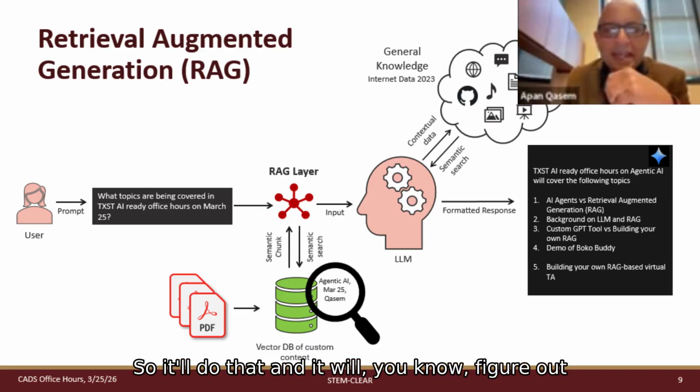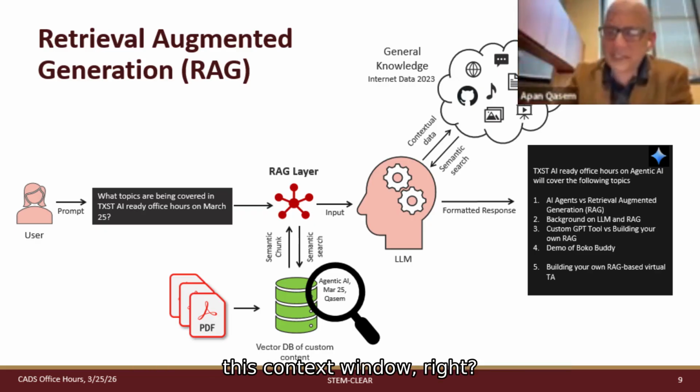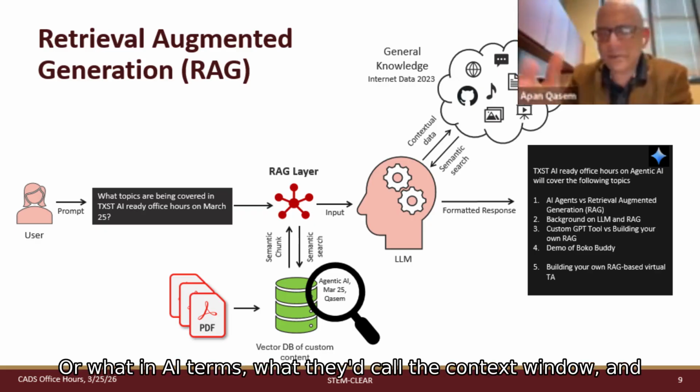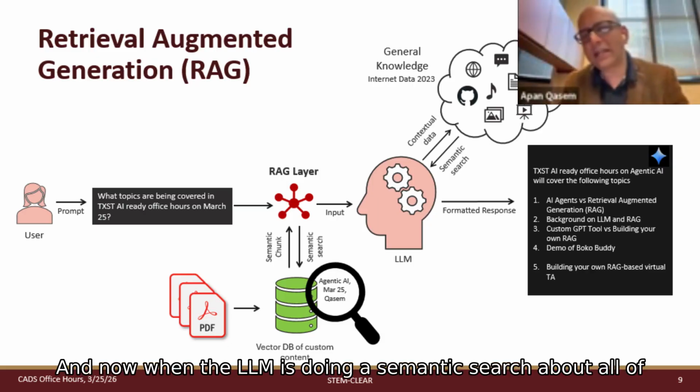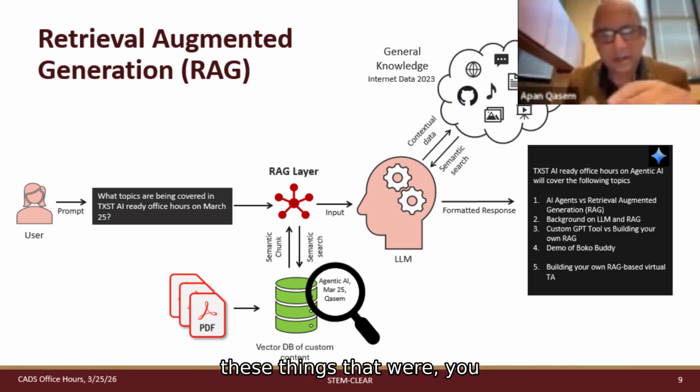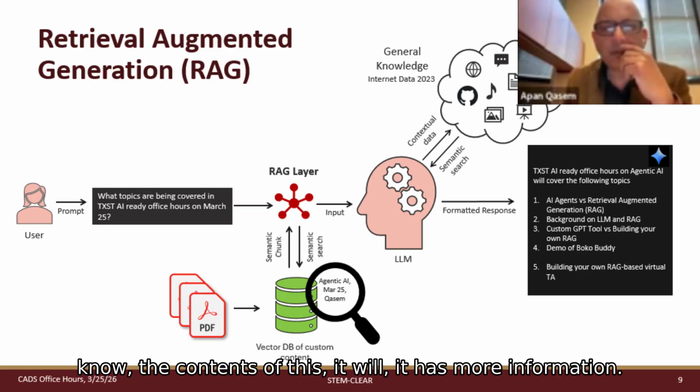So it'll do that, and it will figure out this context window, which is what they'd call the context window in AI terms, and it'll take that and feed it to the LLM. And now when the LLM is doing its semantic search, it has more information.